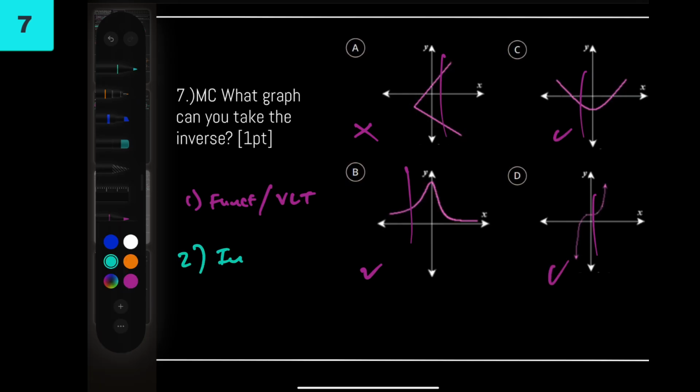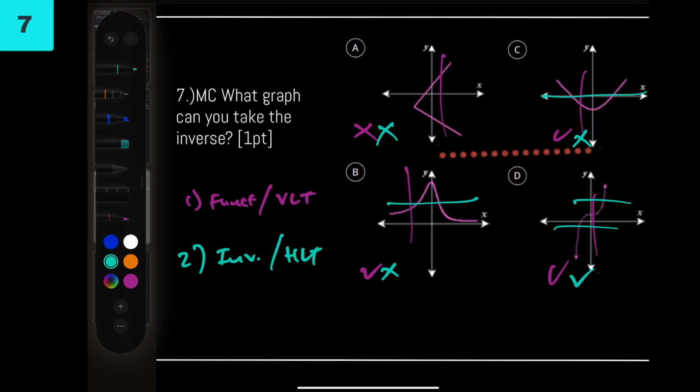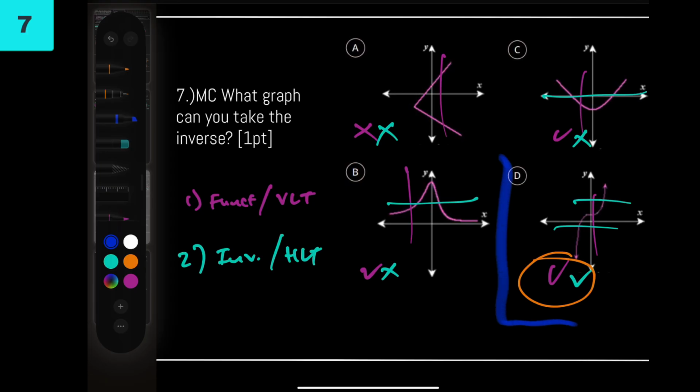Now to take the inverse, it's going to have to pass the horizontal line test. So this one's already out. This one's going to fail. That one's also going to fail, but that one's going to pass. So the only one with 2 check marks is D. So D is our correct answer.